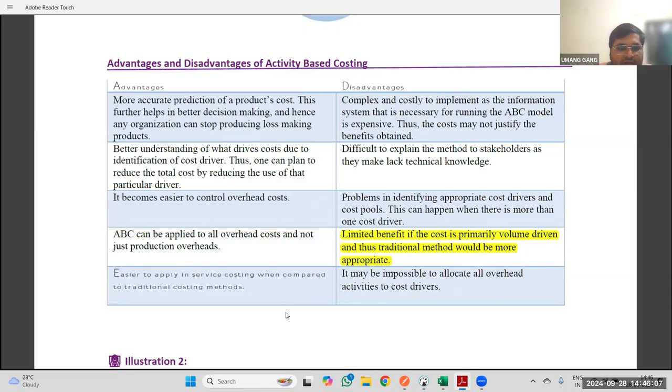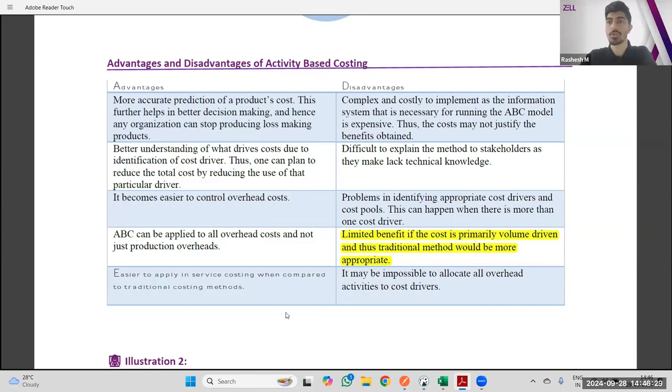Thus, one can plan to reduce the total cost by reducing the use of that particular driver. Third point, it becomes easier to control overhead cost. ABC can be applied to all overhead costs and not just production overheads. Easier to apply in service costing when compared to traditional costing methods.